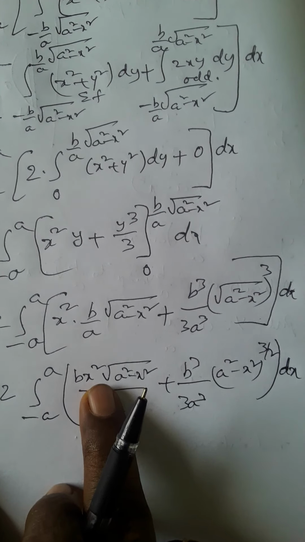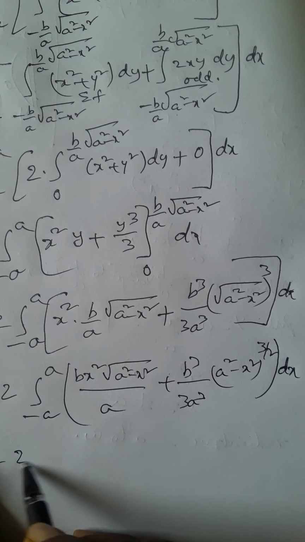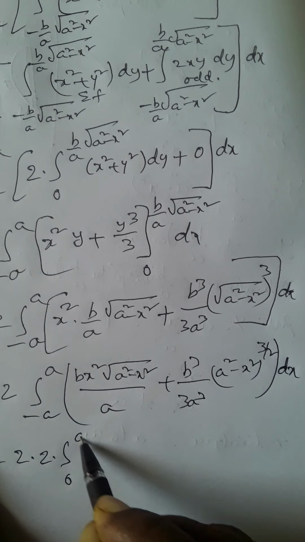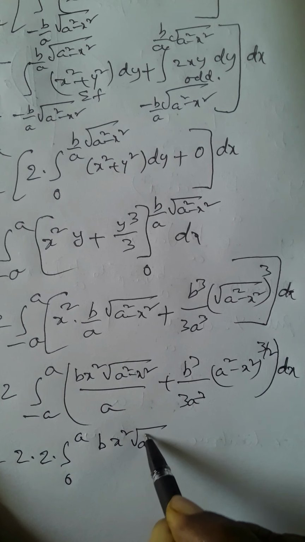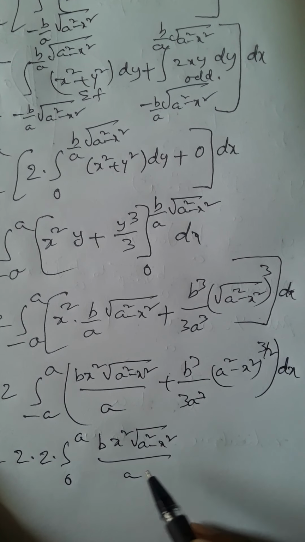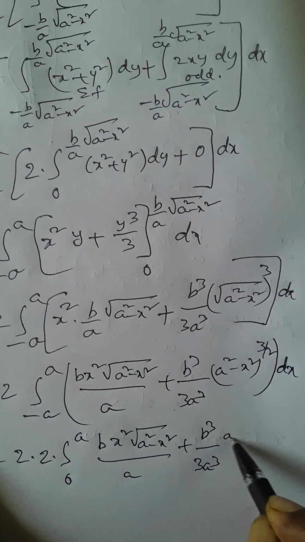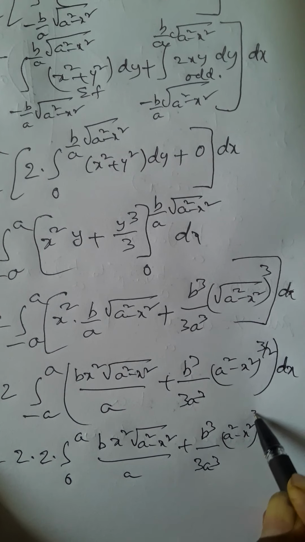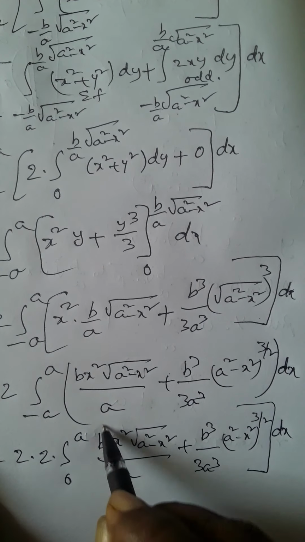Now this is an even function. Write 2 into integral 0 to a of (b x square root of a square minus x square by a plus b cube by 3a cube times (a square minus x square) whole power 3 by 2) dx.